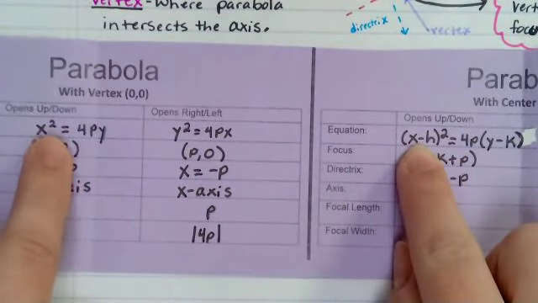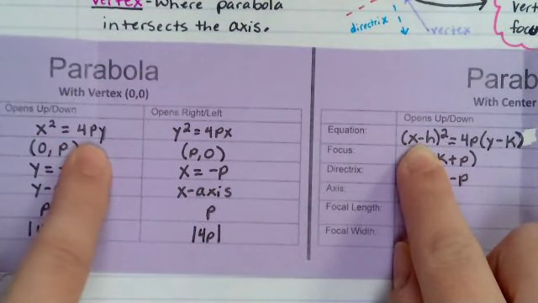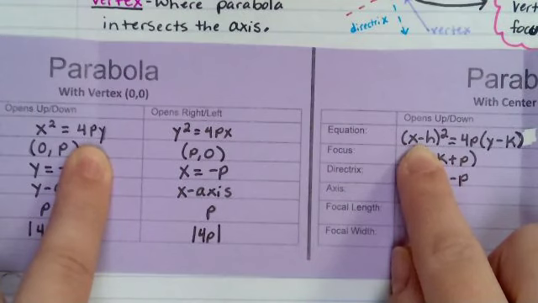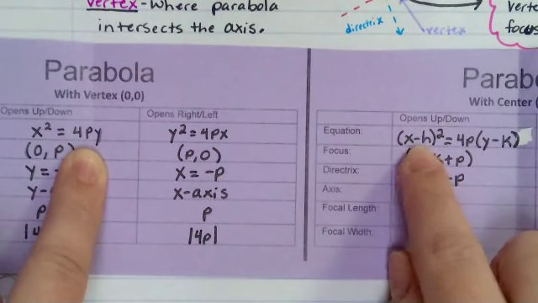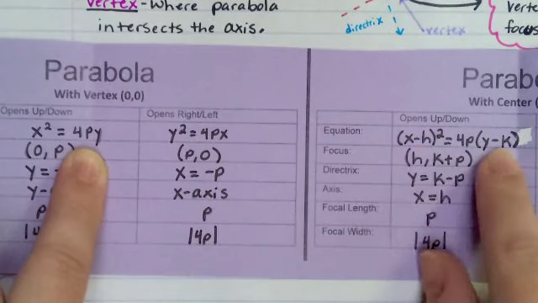So on the up and down with the vertex of (0, 0), we had x squared equals 4py. Now, if I want to translate that, I'm just moving it left, right, up and down. Then the way that I need to adjust this is I need to add or subtract a number with x to move it horizontally, and I need to add or subtract a number with y to move it vertically. That is literally the only change.